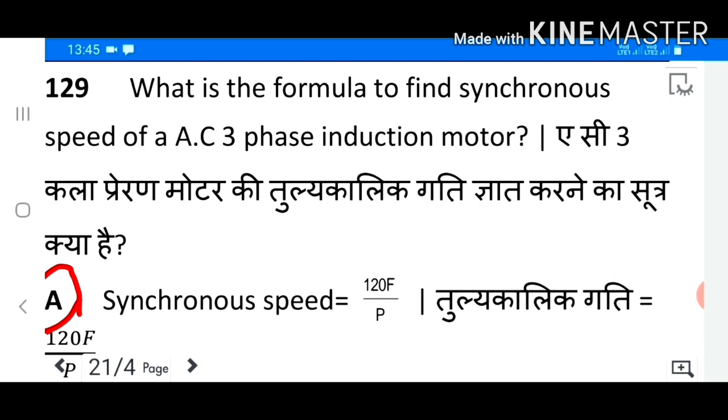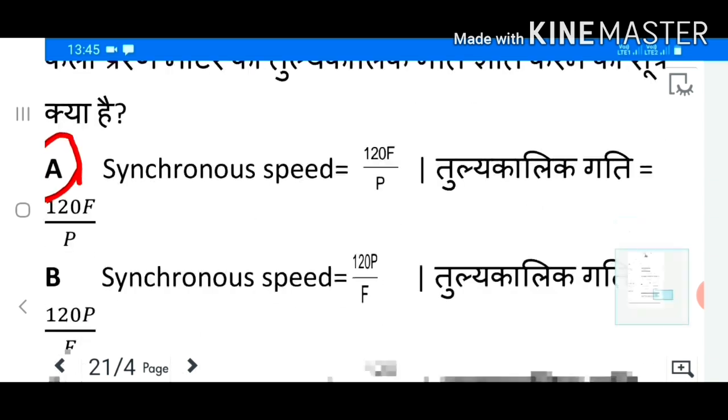What is the formula to find synchronous speed of a AC three-phase induction motor? Answer A. Synchronous speed equal to 120F divided by P.